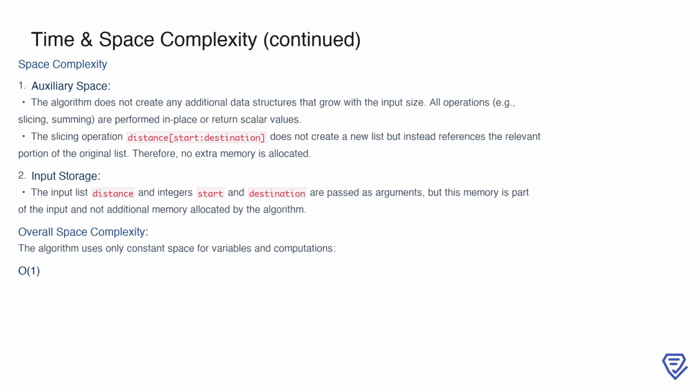Similarly, the summation and subtraction operations return scalar values and do not require extra storage. The input storage, which includes the distance list and the start and destination indices, is part of the input itself and not additional memory allocated by the algorithm. Therefore, the overall space complexity of the solution is constant, or O(1), as the algorithm only uses a fixed amount of space regardless of the input size.